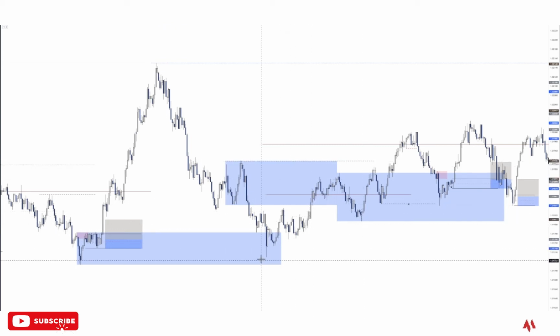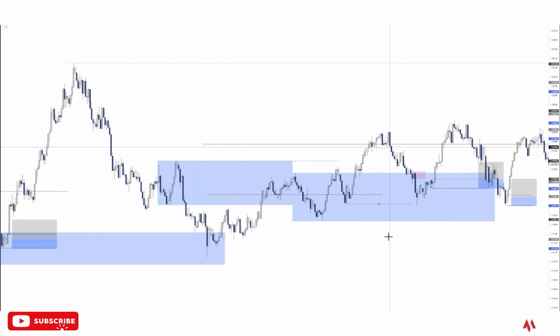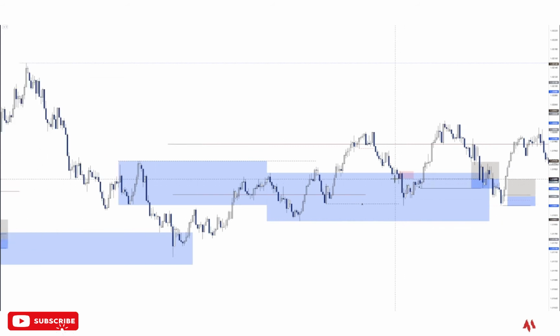So we marked out our premium and discount pricing from the low to the high, and we were waiting for price to head down to discount pricing to look for longs, and price actually ended up grabbing liquidity in our 15-minute zone, leaving us with this last supply and our internal high that needs to be wicked to show us a sign of strength.